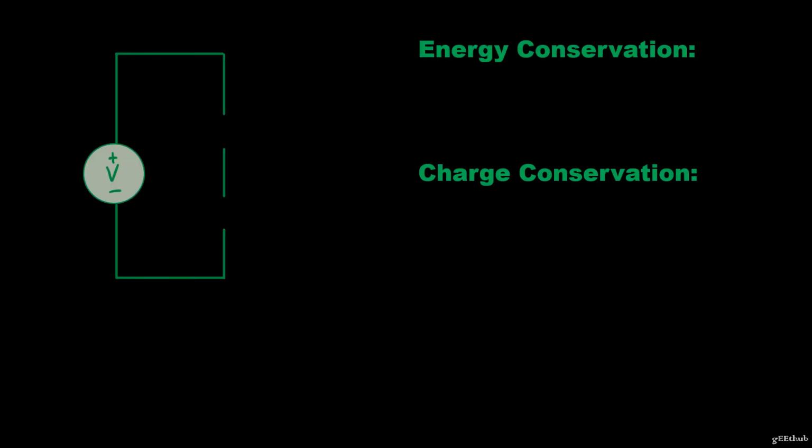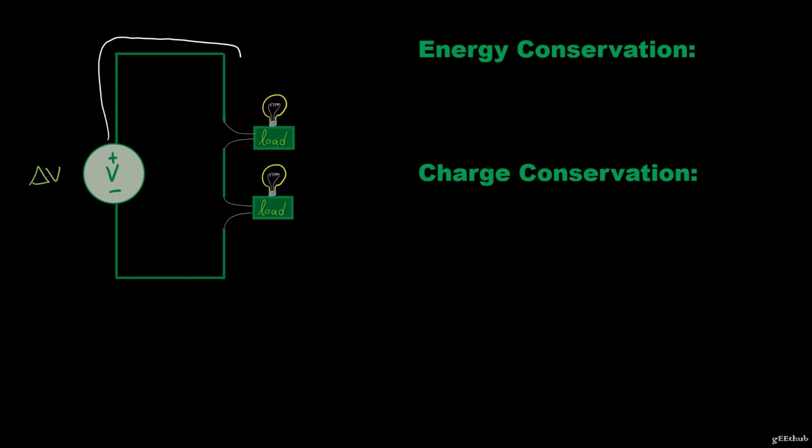Now I'm gonna connect my voltage source delta V to these two loads, and I'm gonna have a current going from the voltage source to the first load, emptying out a little bit of energy, consuming, and out of this first load to the second load, and then consume the rest of the energy and back to the voltage source.